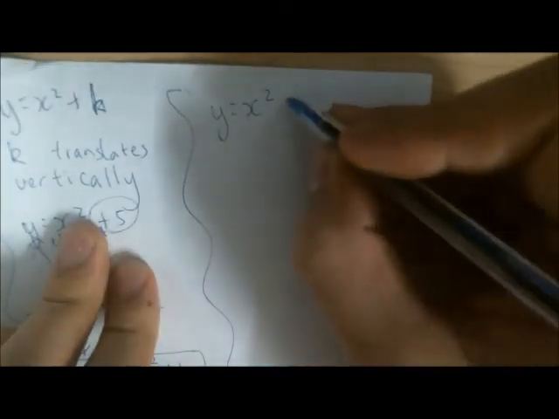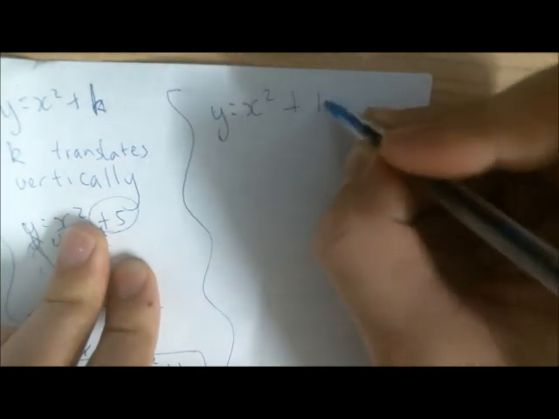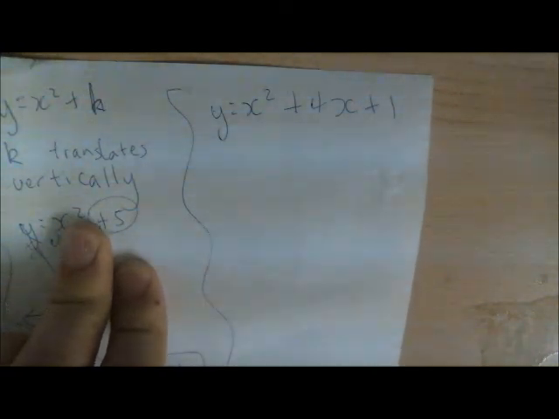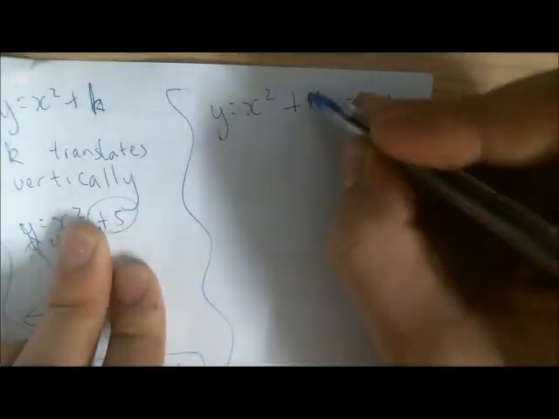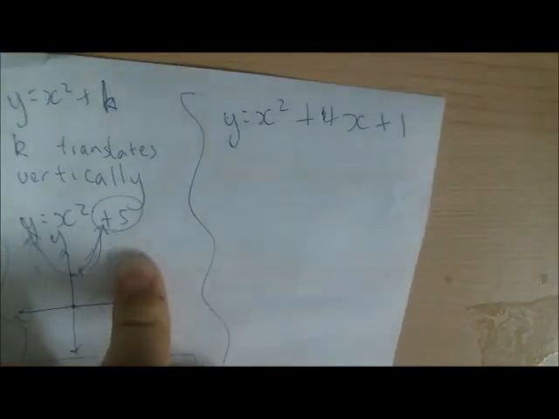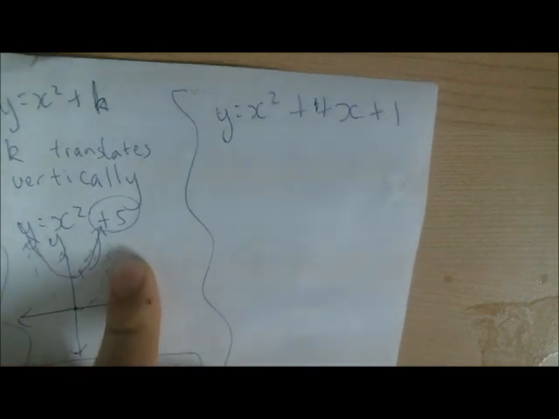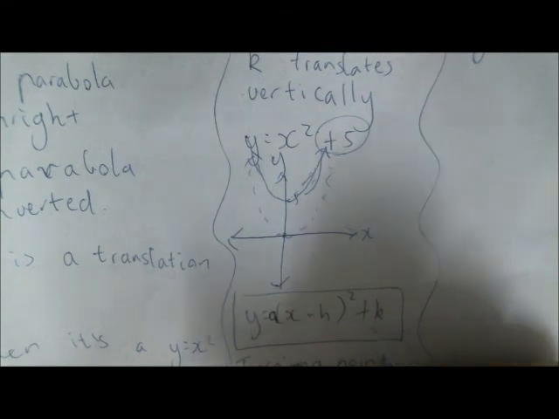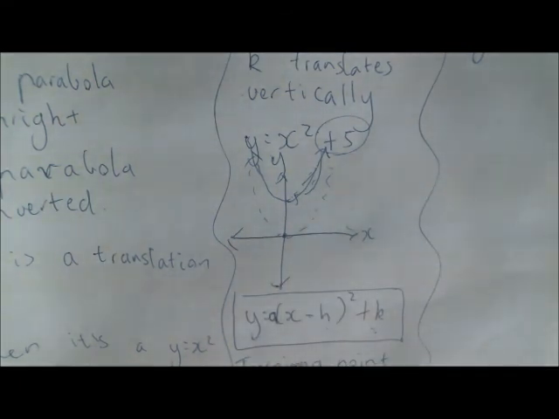So we're going to graph y equals x squared plus 4x plus 1. If we look at the turning point form closely, this looks exactly the same as the first step of completing the square. We've squared the part here and we've got something left over at the end.